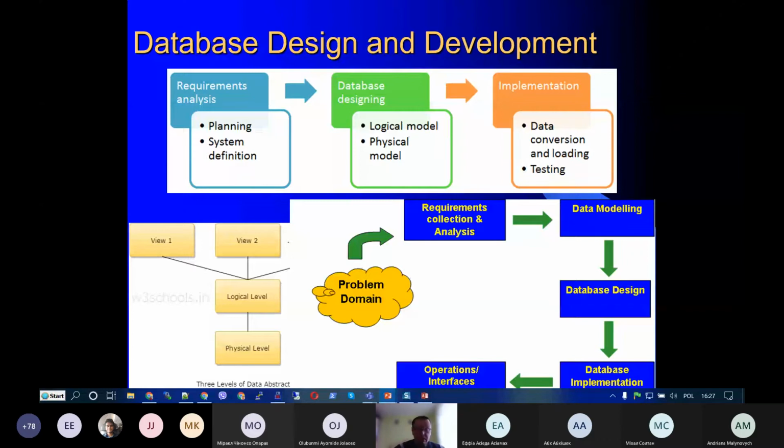And not only physicians, but also administrative staff have to work with the information system. So they will have a completely different vision of which information they need and how they have to manage it.